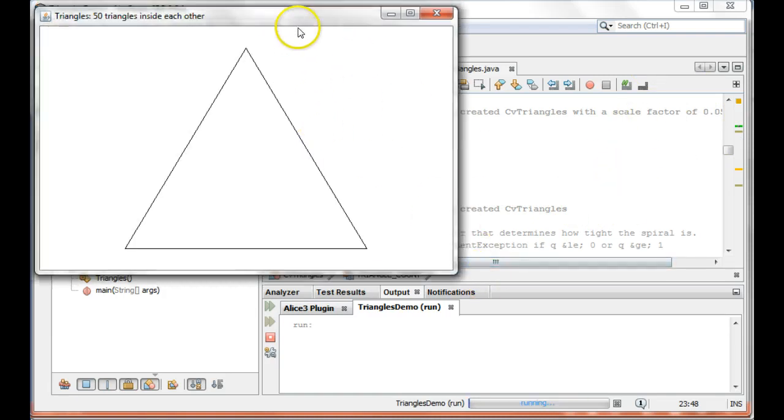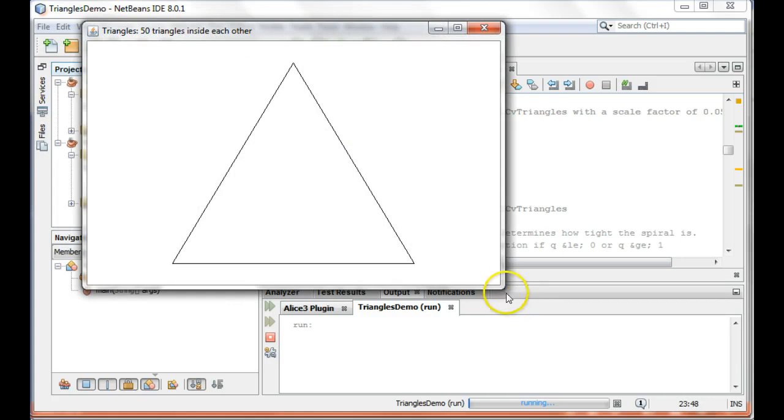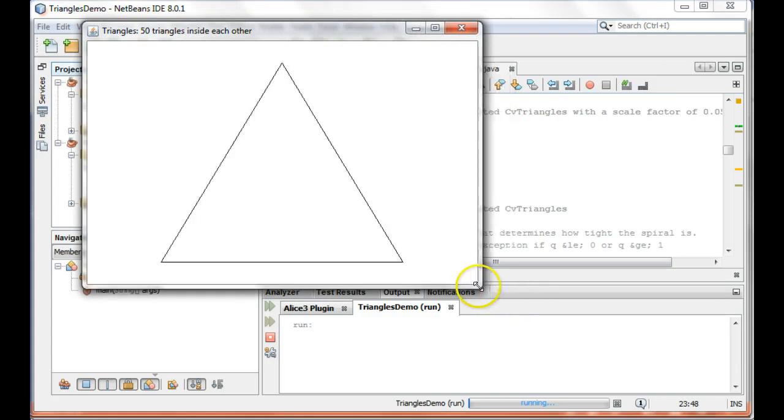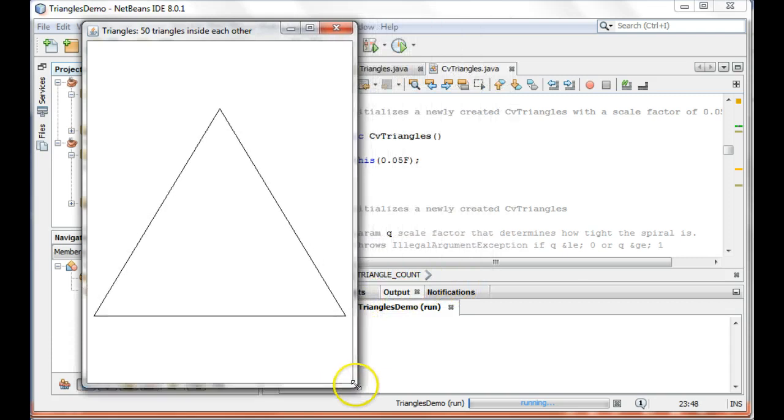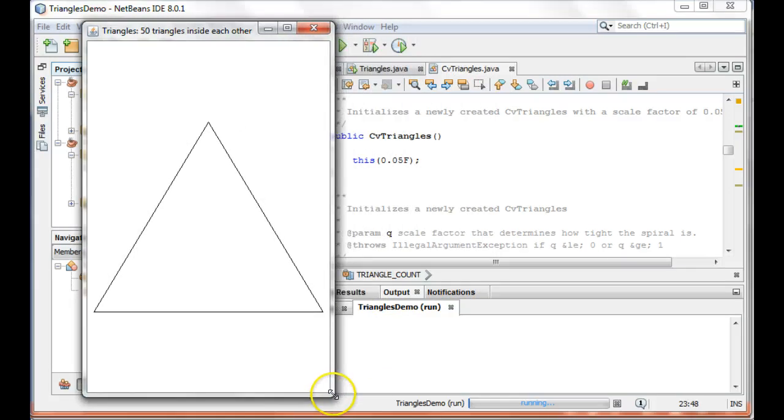But the reason I'm pulling this up is to show you that when we resize this window, we could resize it so that the height is bigger than the width, right? We still want the whole triangle to fit inside there. If we were just using the maximum of width and height, well, this height now is longer than we are wide.